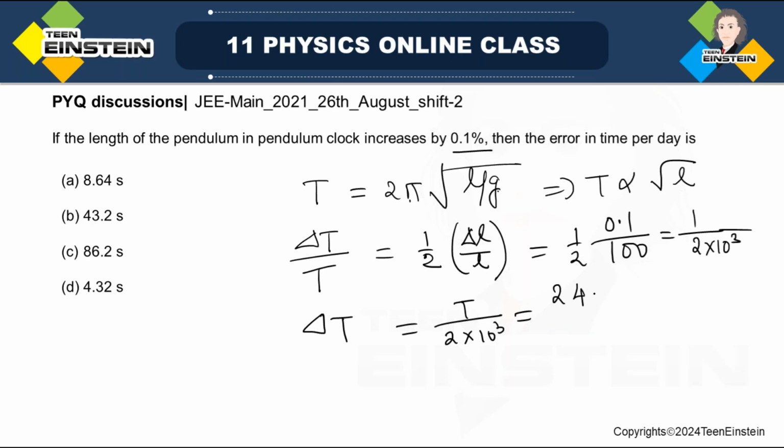If I make this into seconds, then 24 hour into 60 into 60, divided by 2 into 10 to the power 3.